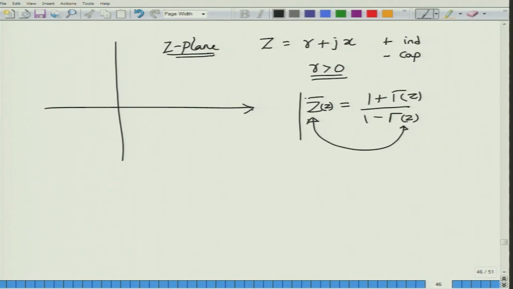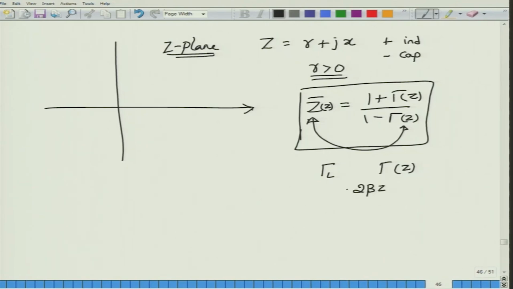So this equation we know, and we also know that given gamma L, we can find out what is gamma of Z at any point on the transmission line, because this simply involves moving by an angle of minus 2 beta Z, or if I forget the sign, then you simply need to move by 2 beta Z in the clockwise direction. So this relationship is actually a one-to-one relationship. Why?